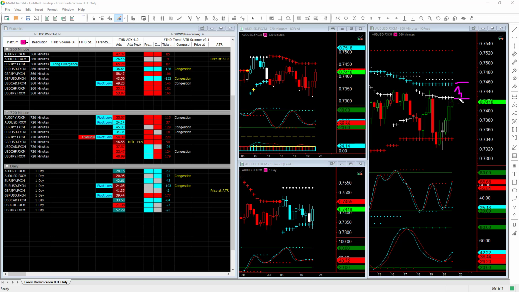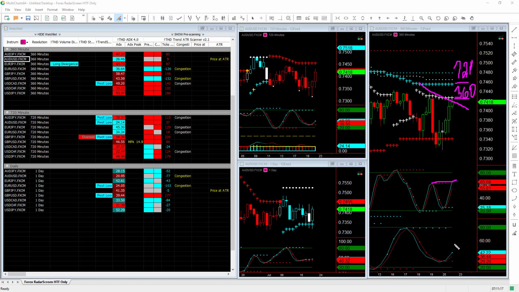So this is the 360 ATR, and this is the 720 ATR, and these are the little plus signs here. As you can see, you're making lower highs, but if we connected these, we're making either equal or higher on the stochastics 360. Now if you look at the 720, it's simply increasing.